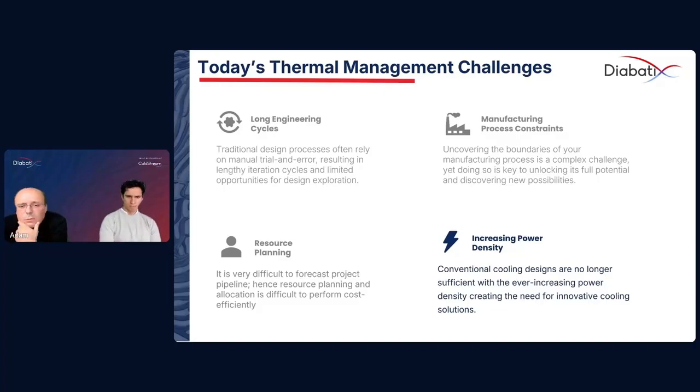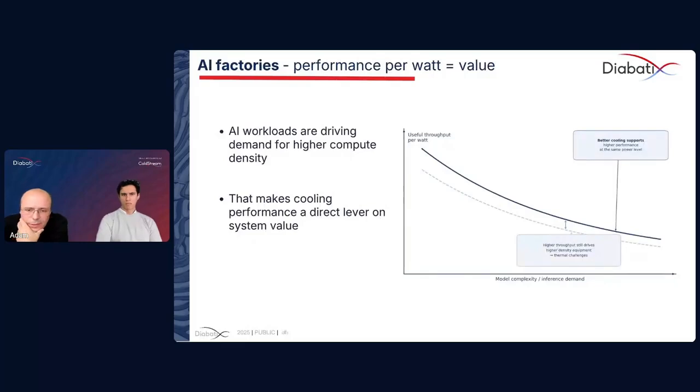I want to double click a bit on that last point. If we go to the next slide, this is with a key focus on data centers, and that's the main topic of today's webinar. The demand for GPUs has really skyrocketed over the last few years, driven by the rollout of AI factories.